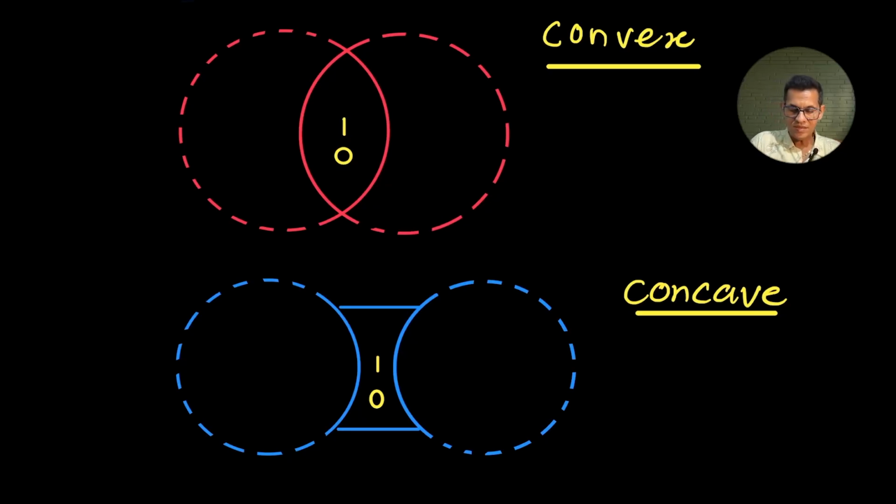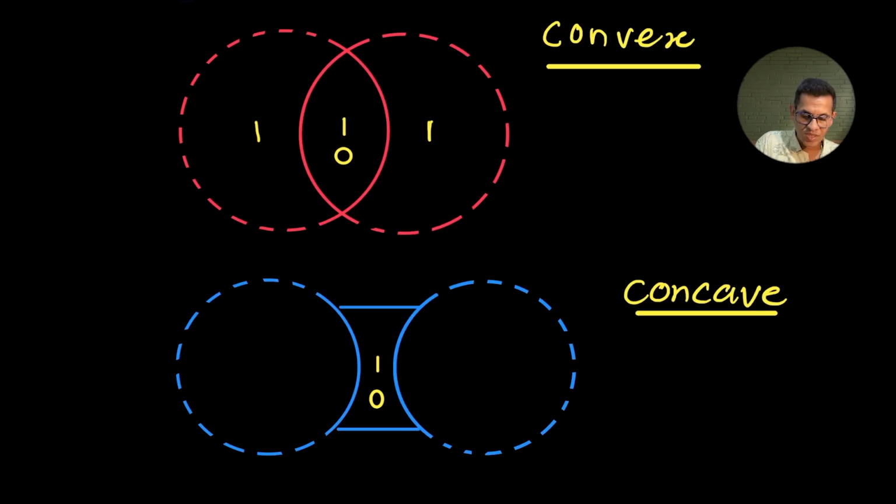So these spheres have centers. This is the center of the first sphere. So we can name them as C1 and C2 as they are centers of curvature of these spheres.